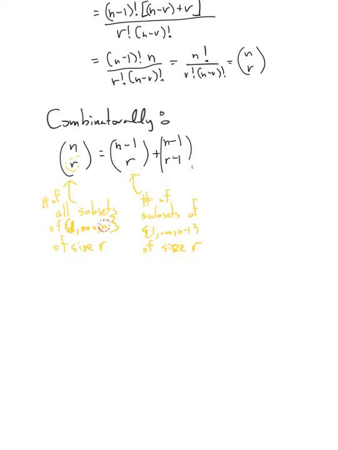So these here are the number of subsets of the numbers from 1 to n minus 1 of size r minus 1. These are the ones where you could add n to them, and then they would be subsets of size r of the numbers from 1 to n.